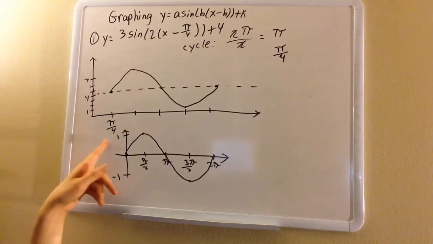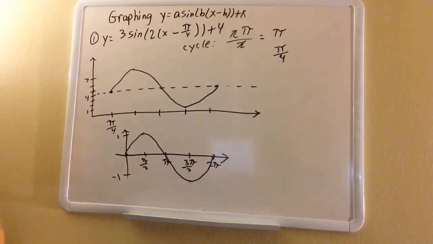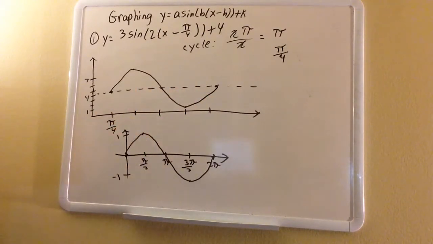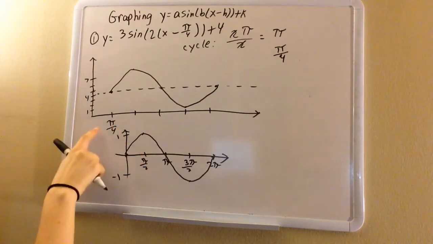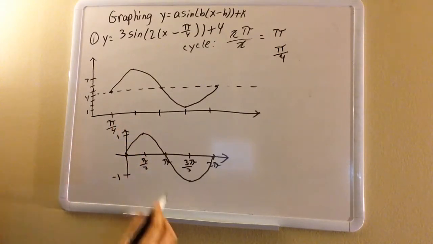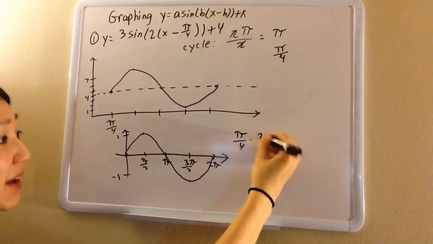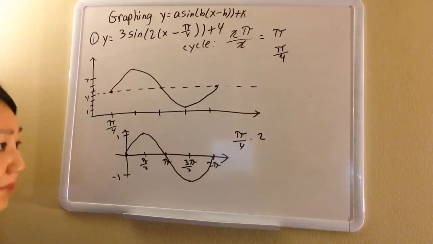We're starting at pi over 4 here. You could do it a couple different ways. I could add pi over 4 to this to get my next one. We could also multiply. This is my second point, so I'm going to multiply this by 2. I think a lot of you find it easier to multiply fractions rather than add them, so we're going to go ahead and multiply them.